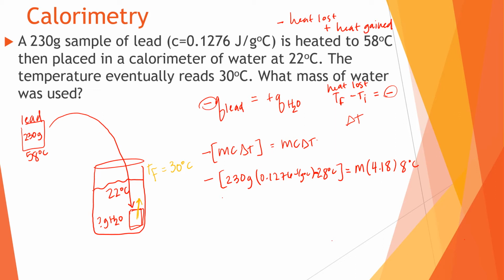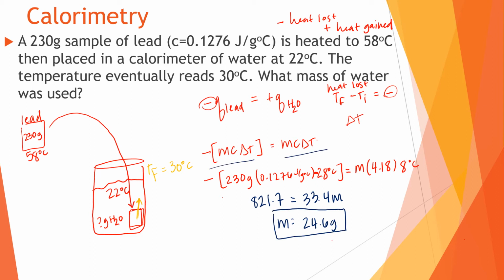Keep looking at the wrong question on my work. 821.7 equals 33.4 times the mass. And then I just solve for M equals 24.6 grams. So I just set MC delta T equal to MC delta T and solved for my missing variable.